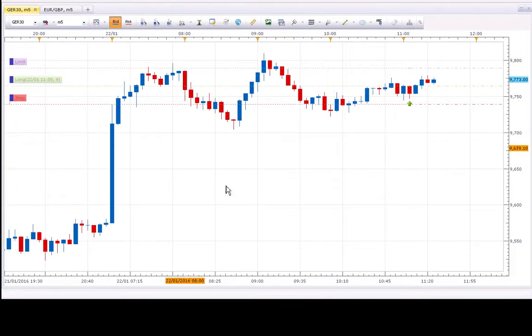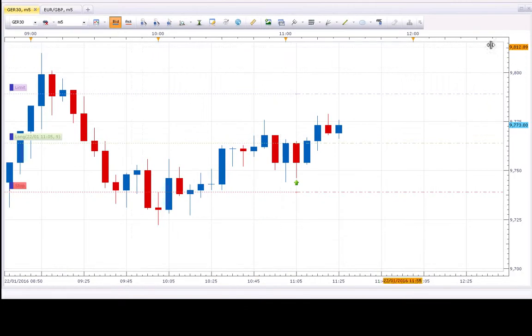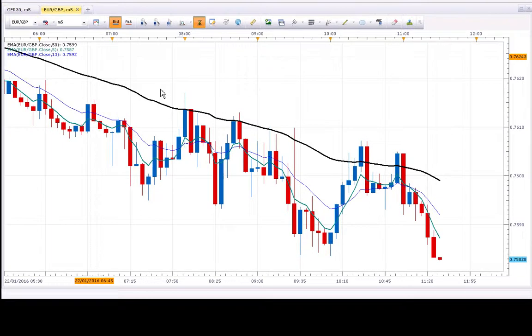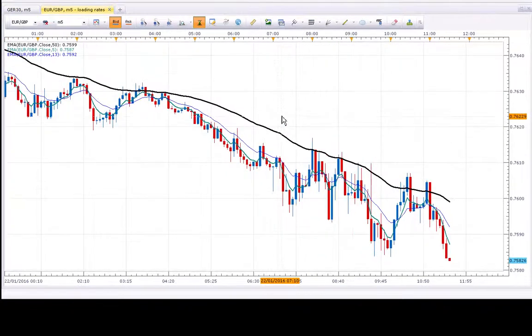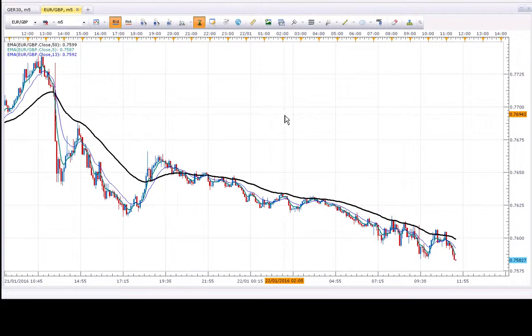There we go. So we just looked on a 4-hour chart that showed us a bearish 50 period moving average. I've now gone into a 5-minute chart, and it's clearly bullish on the 5-minute chart, I should have said if I didn't, but it's bearish right now on the 4-hour.